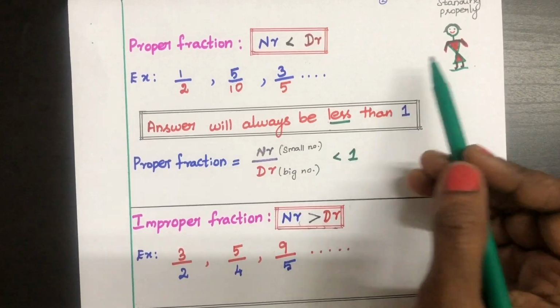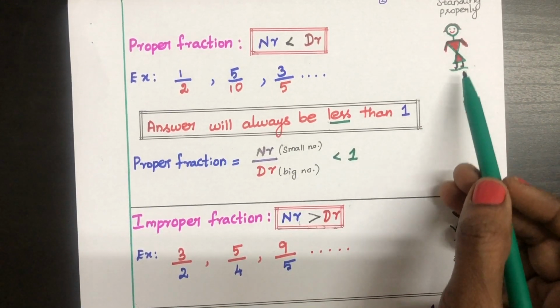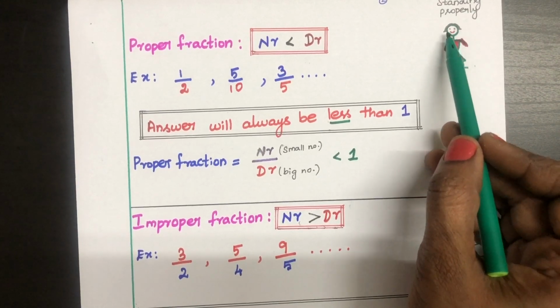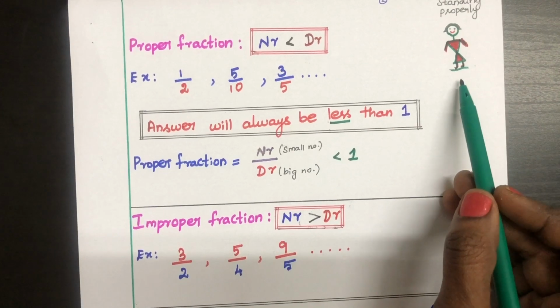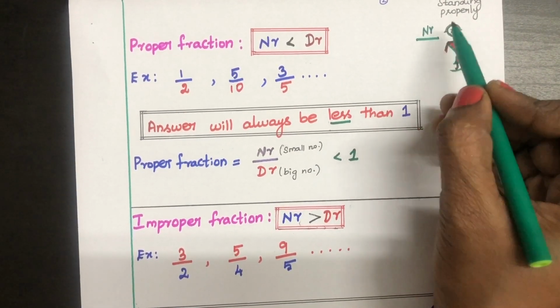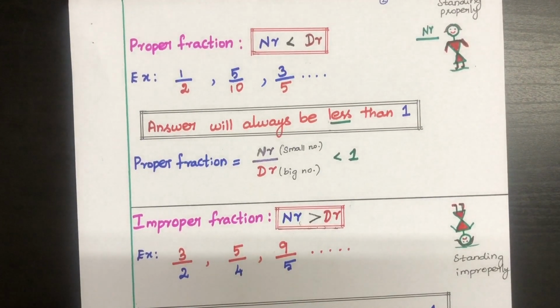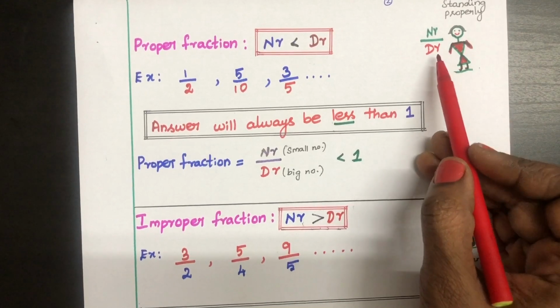See here, this is some human being standing properly. See, our head is very small compared with our body. So this is proper. Think of our head as numerator and our whole body as denominator. So numerator divided by denominator.